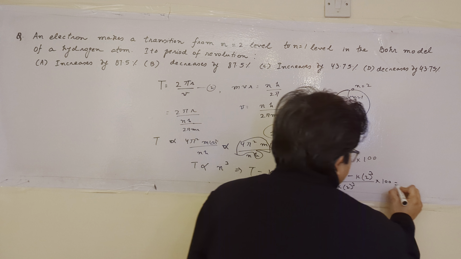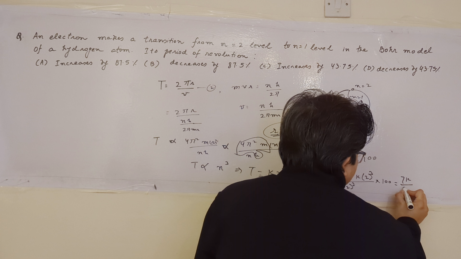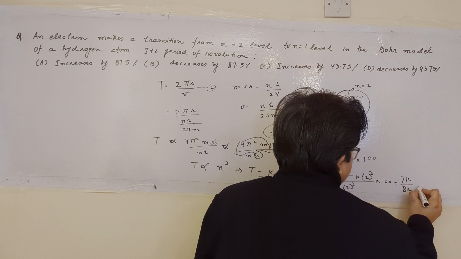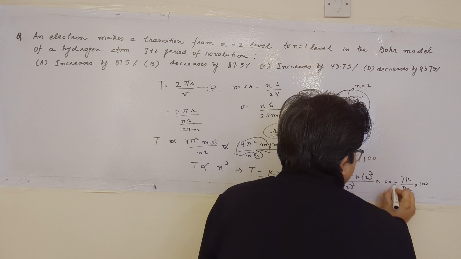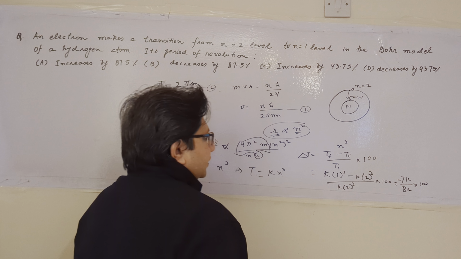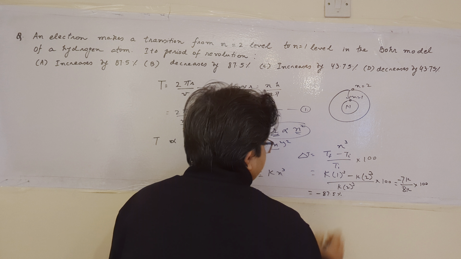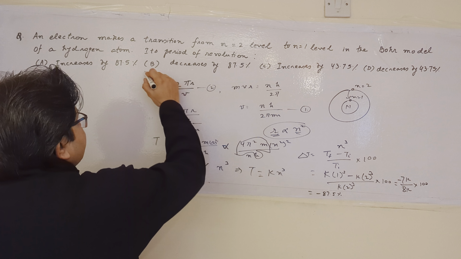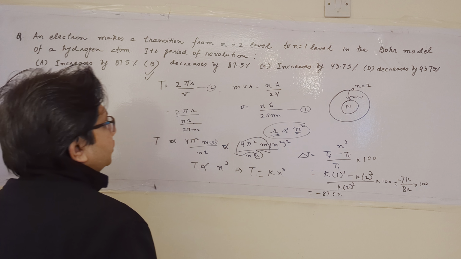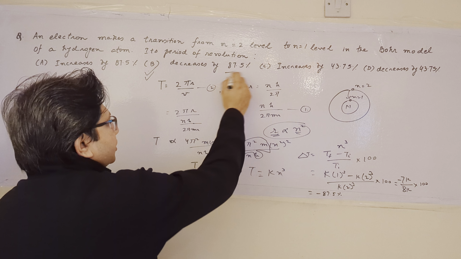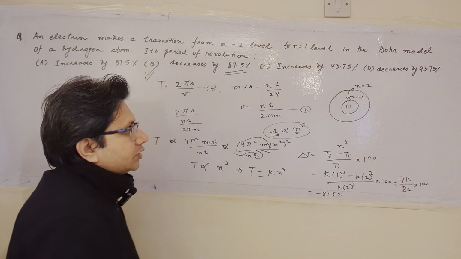Now this comes out to be 7k upon 8k into 100, and this is negative. So this value comes out to be minus 87.5%. So we can say that there is a decrement of 87.5% in the time period.